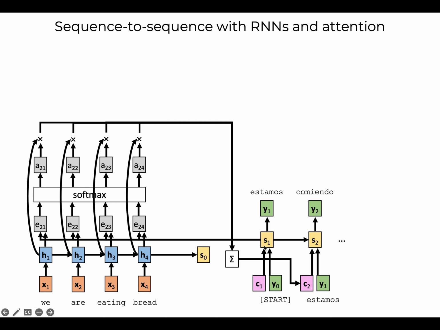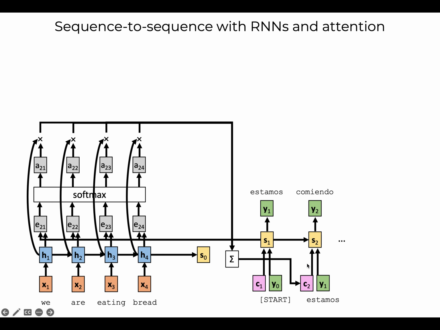Now we're comparing S1 to all of the hidden states via the f_att function. That gives us these weights. We softmax them, which gives us attention weights. We recombine the hidden states using these weights, sum them, and that gives us our next context vector.